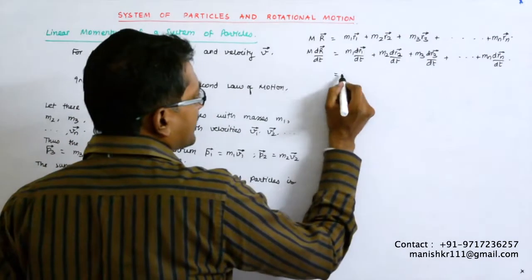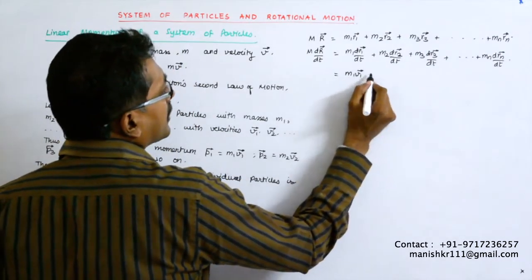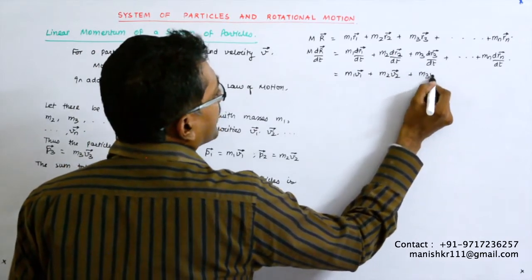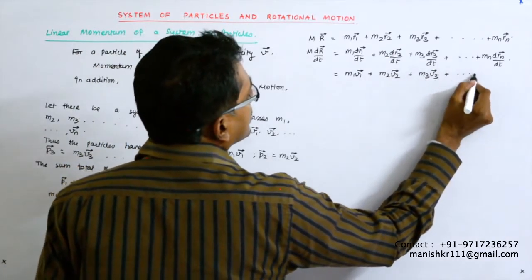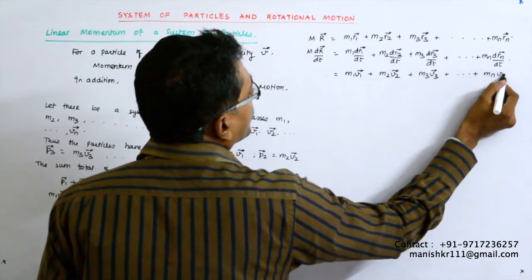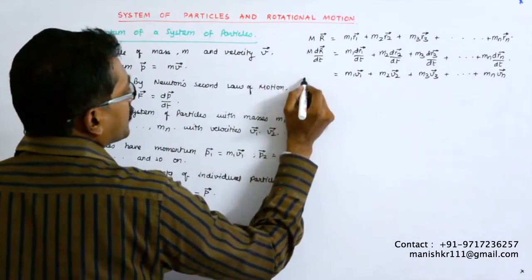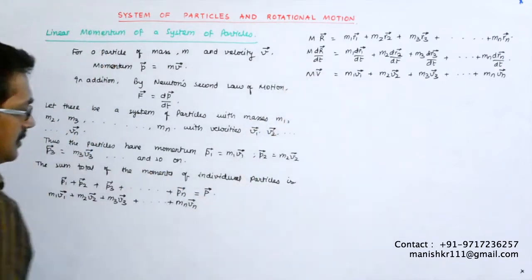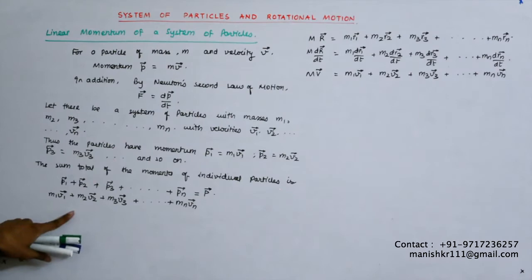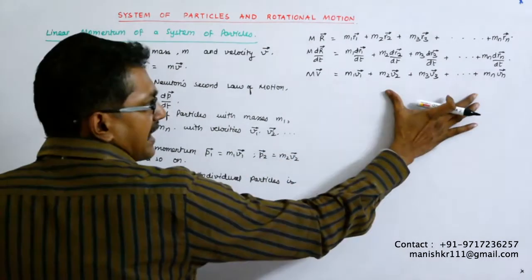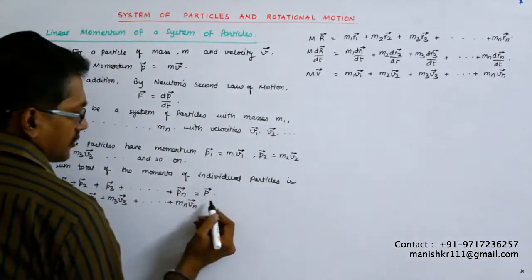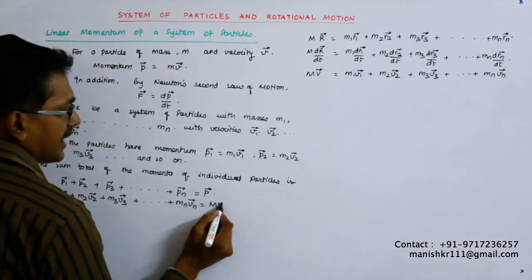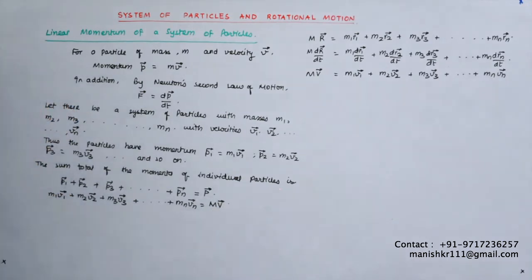This is actually m1 v1 and m2 v2 and m3 v3 plus mn vn, and the left-hand side becomes m into v.